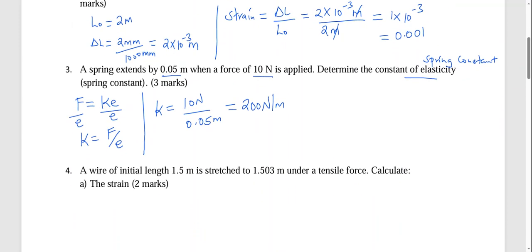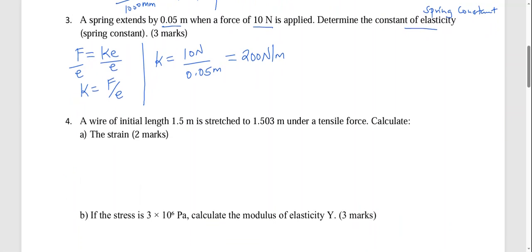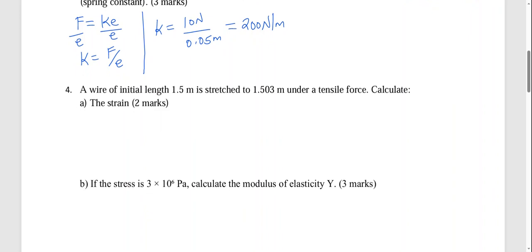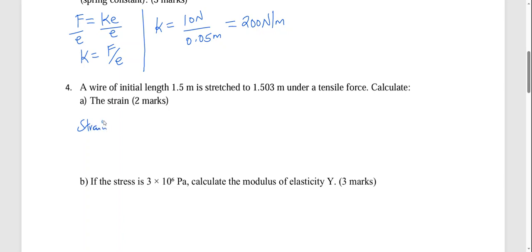Now for question number 4, a wire of initial length 1.5 meter is stretched to 1.503 meter under tensile force. Calculate the strain. Therefore, strain is given by change in length over original length. From our question, we have the original length as L0, which is 1.5 meter.